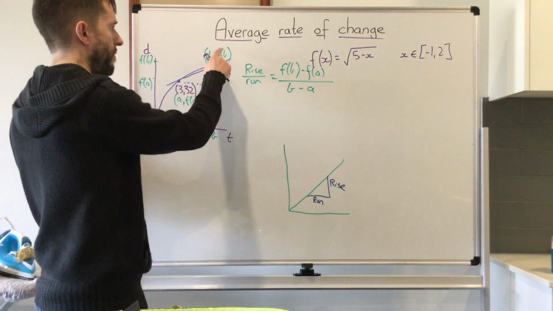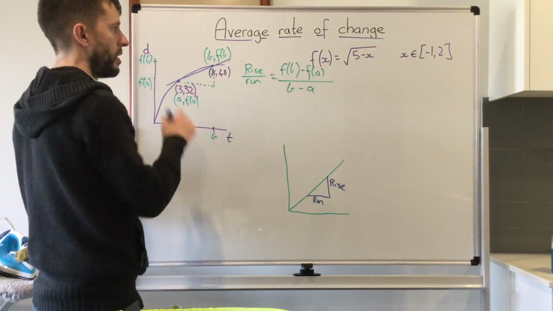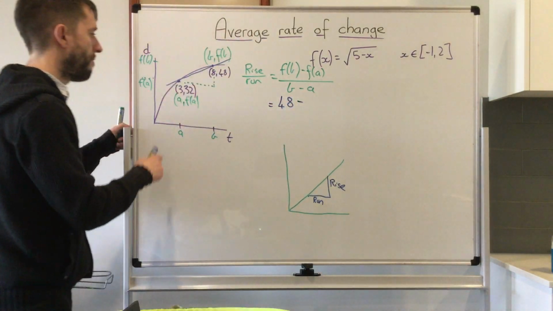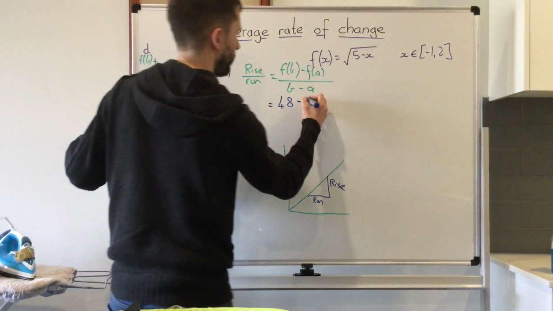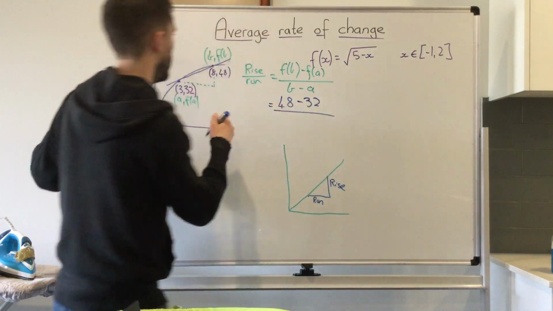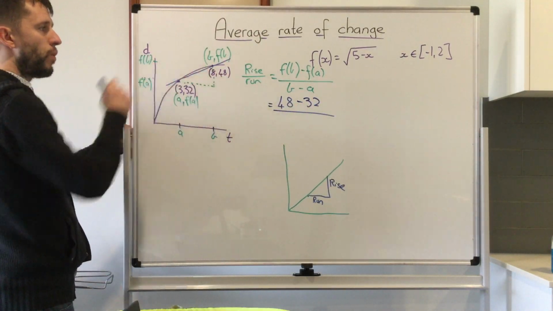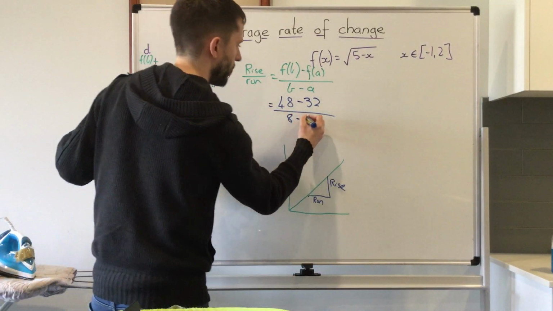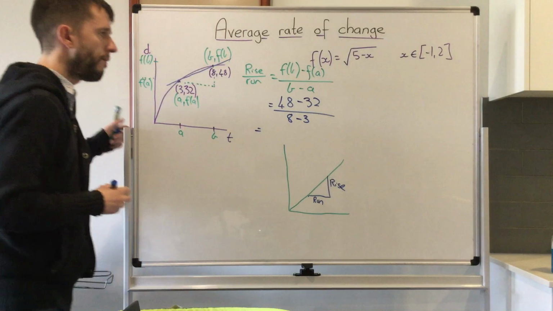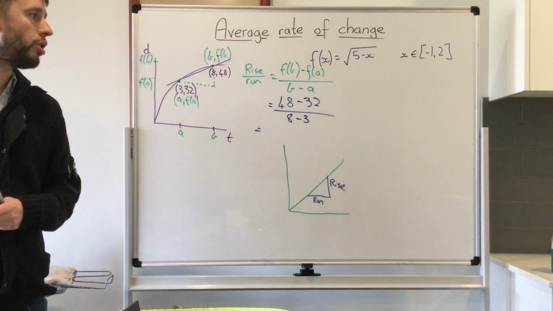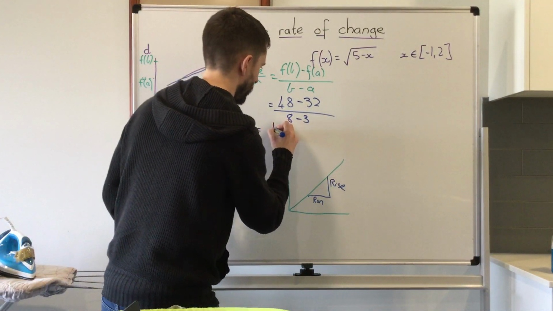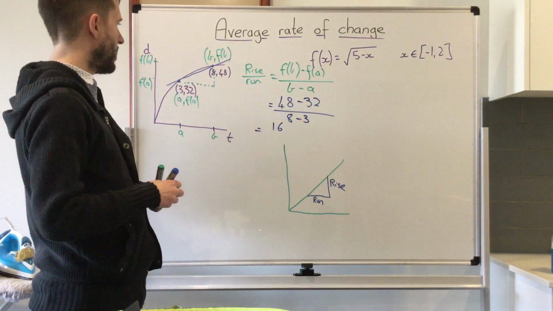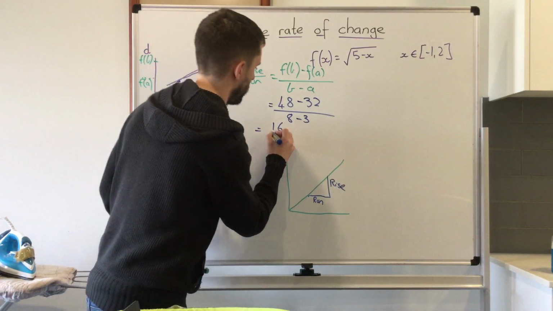So that just means my function B is 48. My function A is 32. I'm dividing by B, which is 8, minus A, which is 3. So 48 minus 32 is 16, and 8 minus 3 is 5.